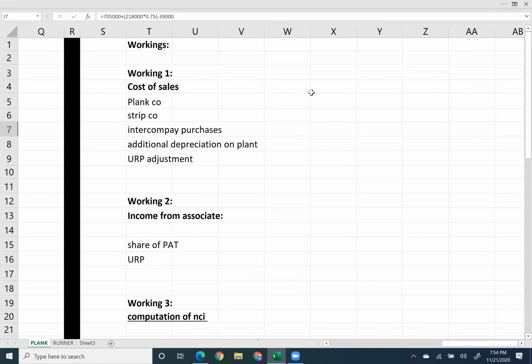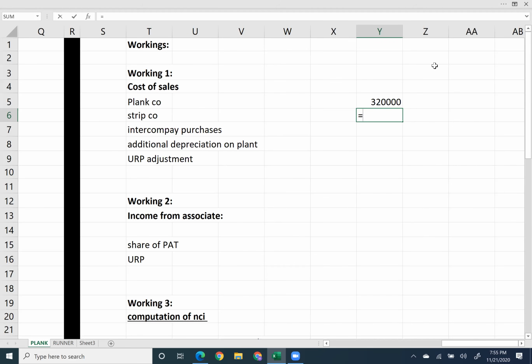So now, cost of sales. What is parent company's cost of sales? Parent company's cost of sales is 320,000. Subsidiary company cost of sales is 81,000. But we have to apportion the subsidiary company cost of sales, that is 9 upon 12. So how will we do it?